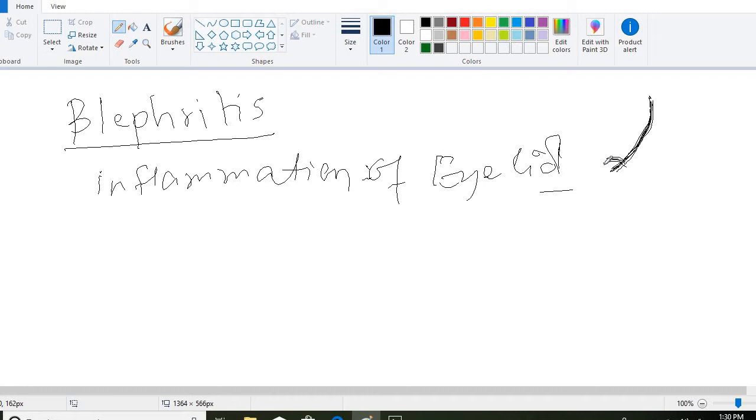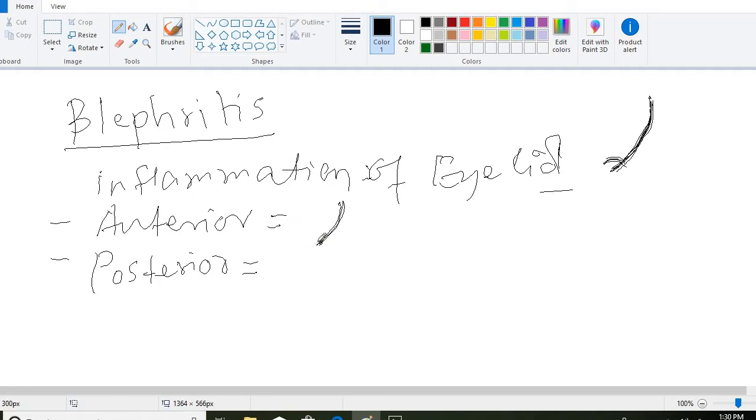There are two types of blepharitis: anterior blepharitis and posterior blepharitis. What is the difference between anterior and posterior blepharitis? Anterior blepharitis affects the area surrounding the bases of the eyelashes.